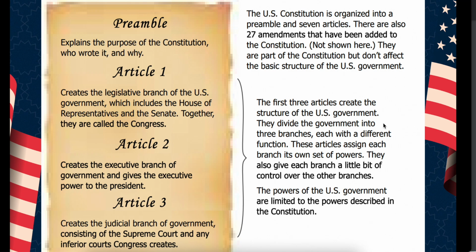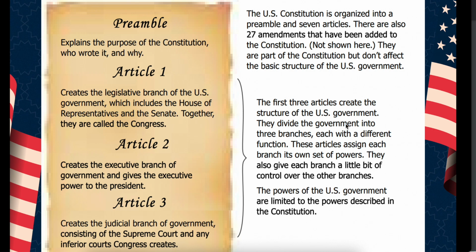We covered the 3 major ones that take up about 80% to 90% of the actual Constitution. The next sections we're going to dive into in just a moment. But just to review, the first 3 articles really are the meat and potatoes of the Constitution. They create the structure for the U.S. government. They divide the government into 3 branches, each with a different function, and these articles assign each branch its own set of powers.